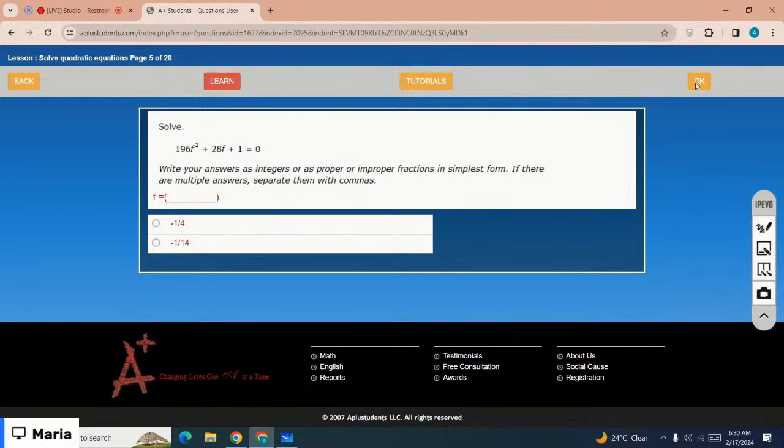The correct option is negative 1 over 14. Option number 2 is the correct option, right? That is negative 1 over 14.